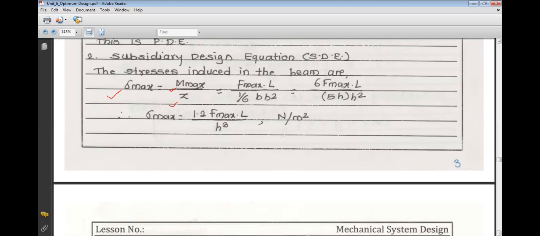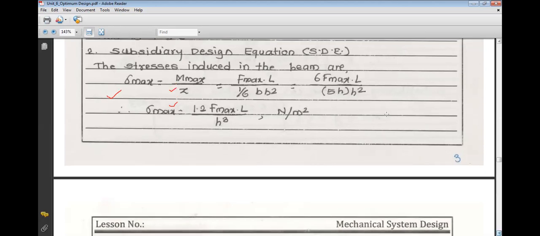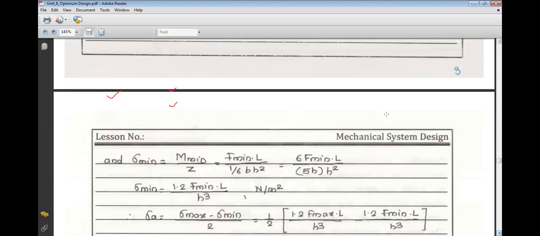Similarly, there is a minimum stress, and this minimum stress is given by sigma minimum is equal to M minimum, that is minimum bending moment, upon Z. Now minimum bending moment is nothing but the minimum force into length.